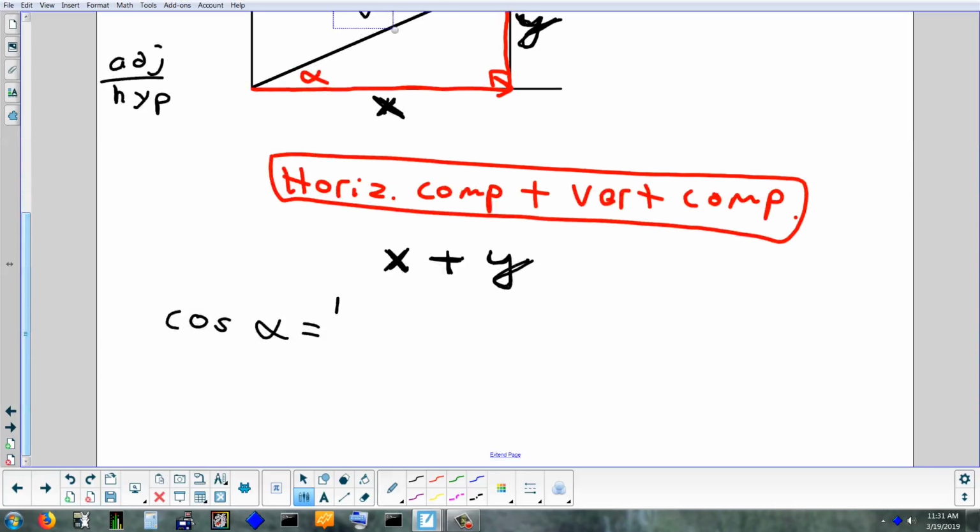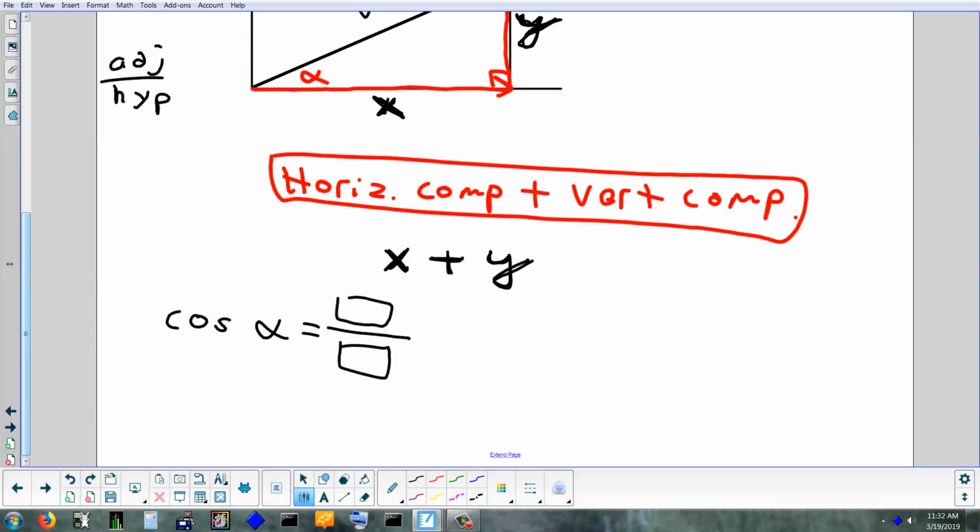Now, you're going to fill in a number here and here. What kind of numbers go in these spots? Like we just said, adjacent over hypotenuse, but what about the adjacent? Do you write how thick the adjacent side is? Do you write the color of the adjacent side? What about the adjacent side and the hypotenuse side?